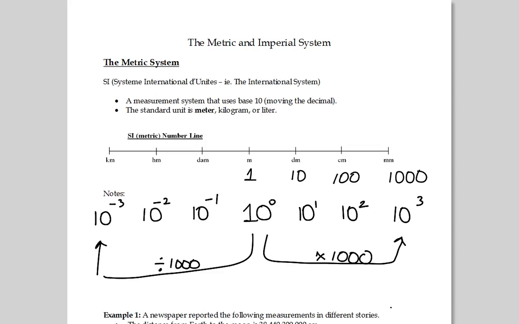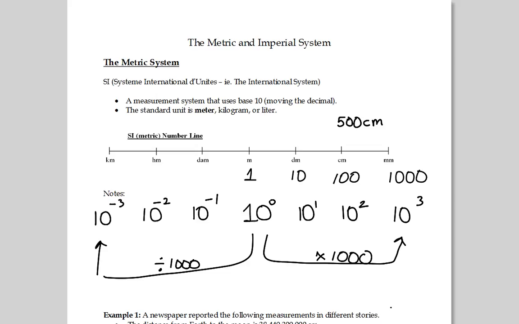It's really just a step ladder. Each step is one factor of 10. You're either going to multiply by 10 or divide by 10. So for example, if I had 500 centimeters, how many meters is that? It's 5, right?